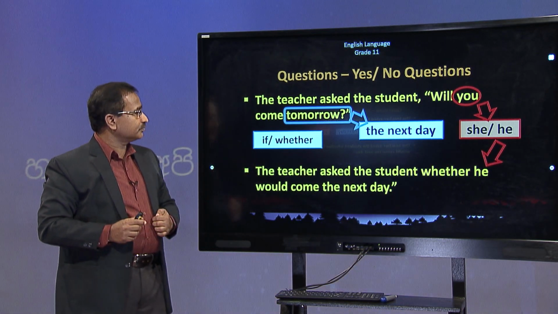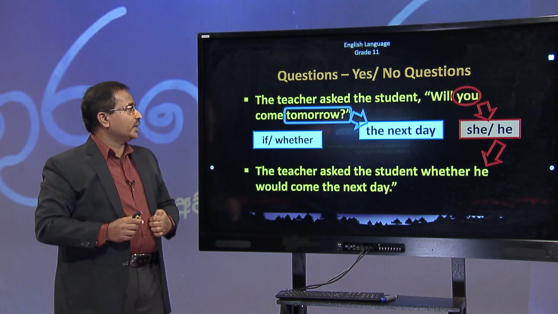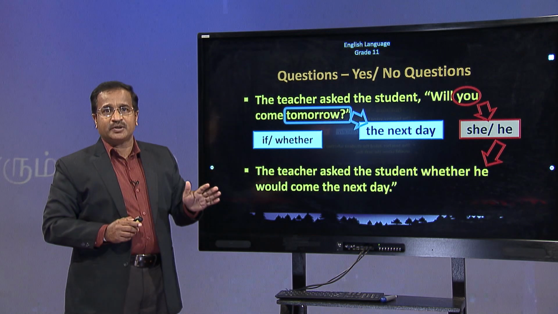The teacher asked the student whether he would come the next day. Instead of will you come tomorrow, the question form, we have used whether he would come the next day. So, that is how you can convert a yes no question into indirect speech.